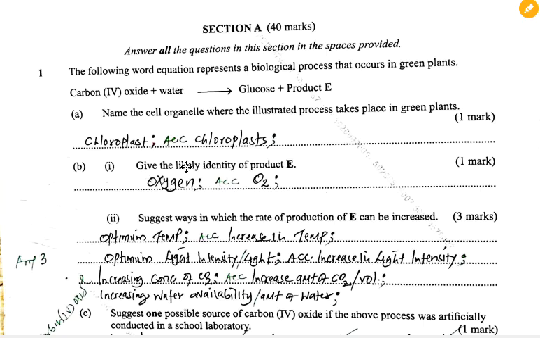But B, Roman 1, give the likely identity of product E, and that is oxygen.